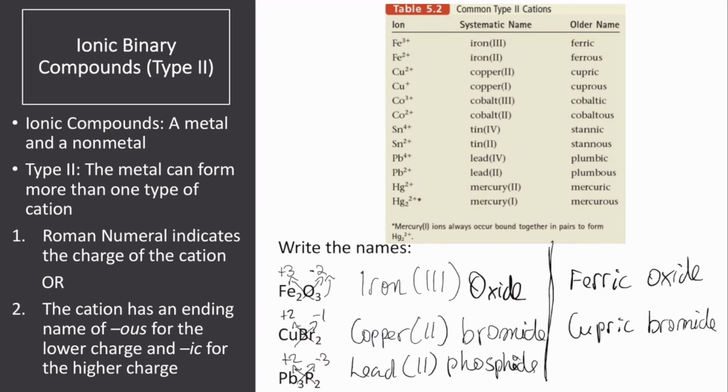And the second way, so lead is the lower oxidation of the two. Between 2 and 4, 2 is the lower. So it would be plumbous phosphide. Plumbous phosphide.